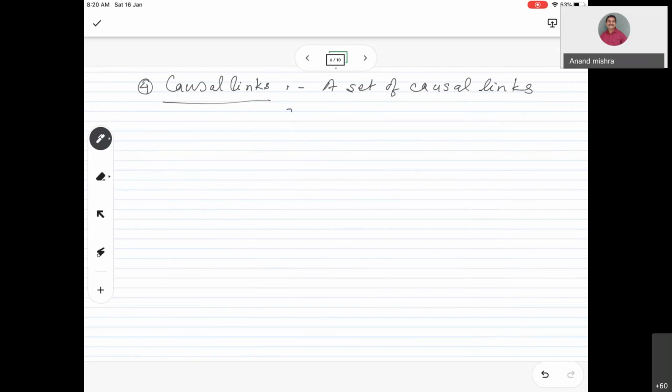Let's say you have a step Si and a step Sj, and Si achieves C for Sj. This is read as Si achieves C for Sj. What does it mean? It means there are two steps. Let's take an example.